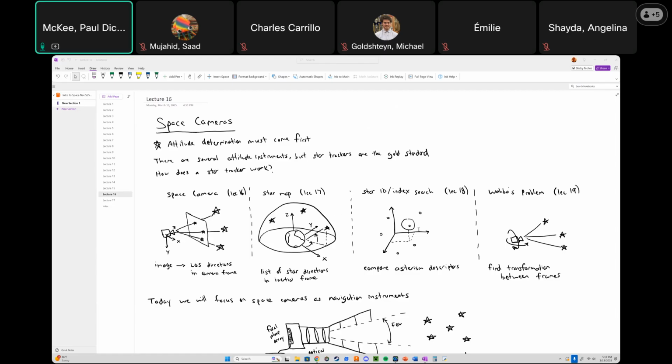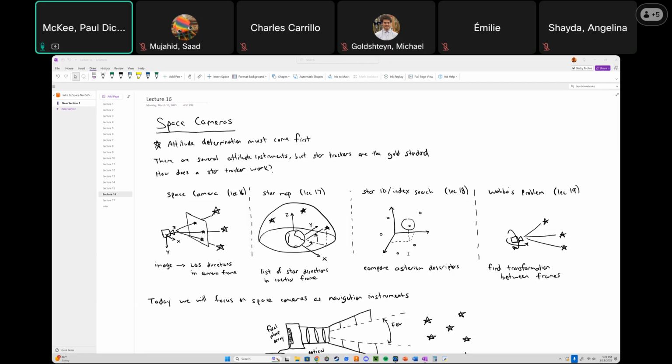Next class is going to be one of the trickier bits of content. Just because you have stars in one frame and stars in another frame, you haven't identified those stars yet. You don't know which constellation these 3 stars belong to. So this is the data correspondence problem, which is very tricky.